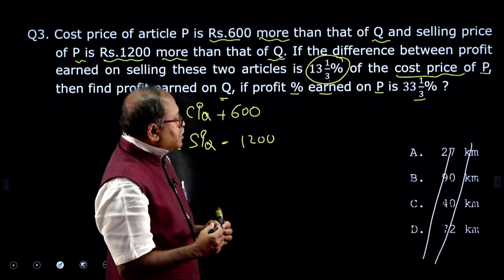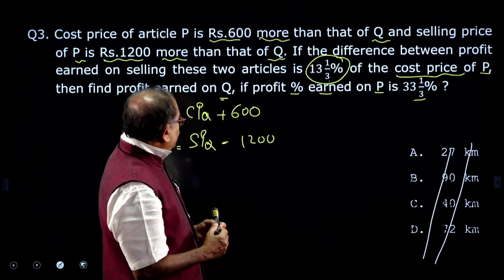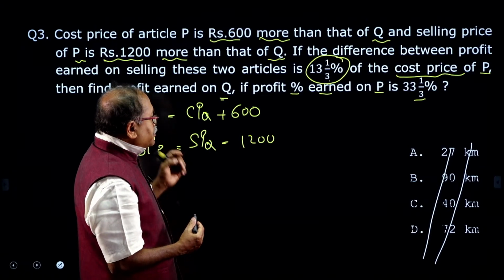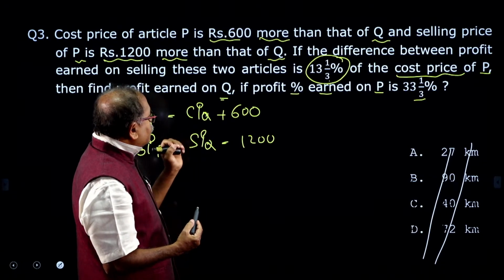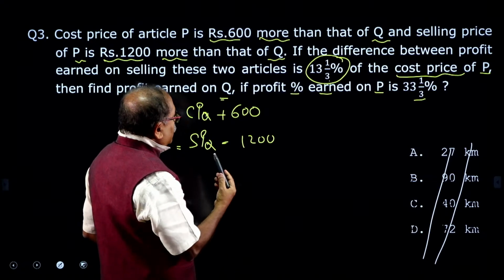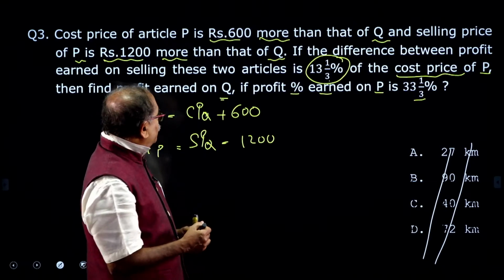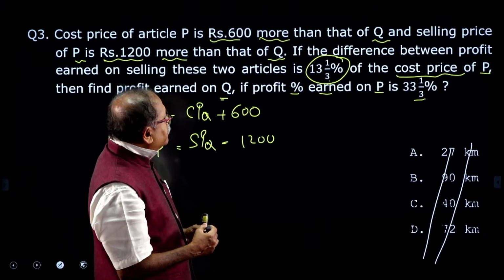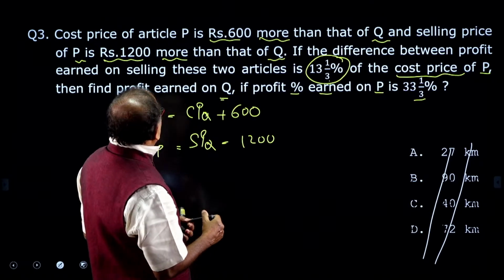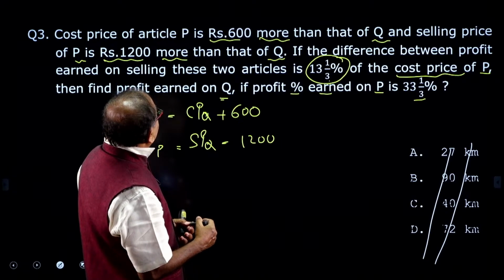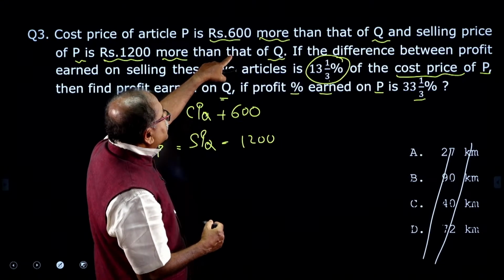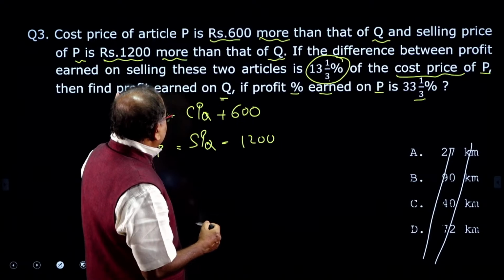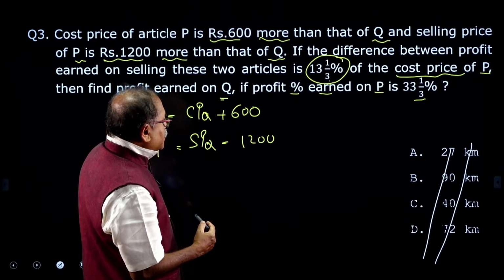Okay. So, let us work out on this part. What will be the cost price of Q and what will be the selling price of Q? Can I get the ratio of the cost price and selling price? It says 600 more over here and it says this one.